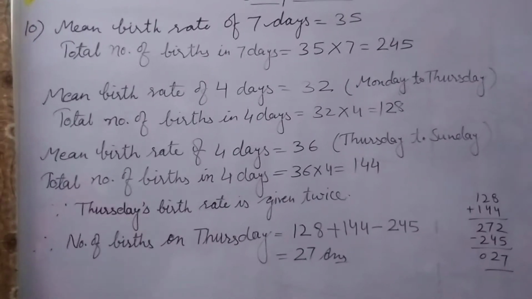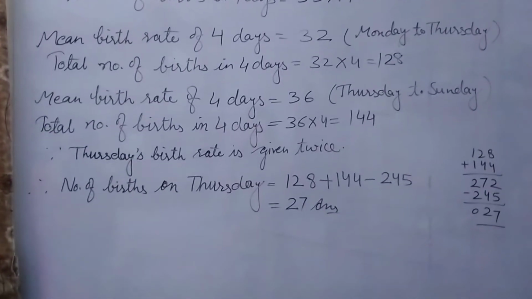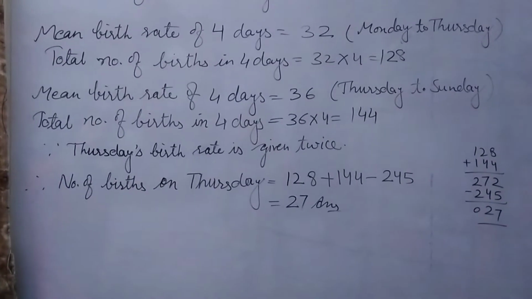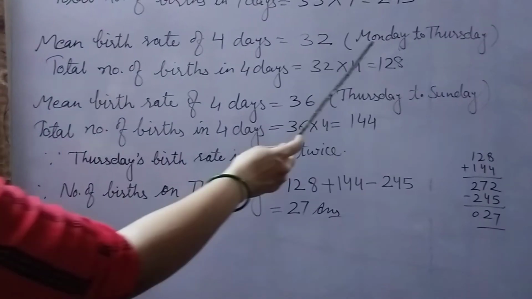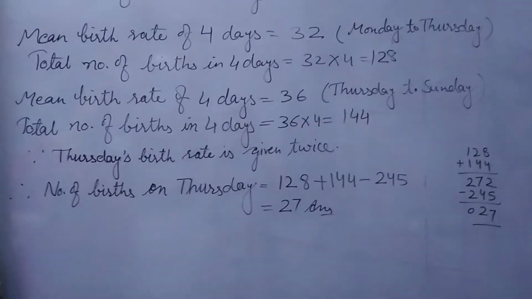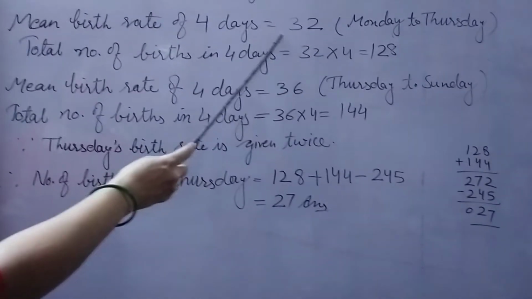Next it is given that the mean birth rate from Monday to Thursday was 32. Monday to Thursday means Monday, Tuesday, Wednesday, Thursday. 4 days are there. Mean birth rate of 4 days is 32.